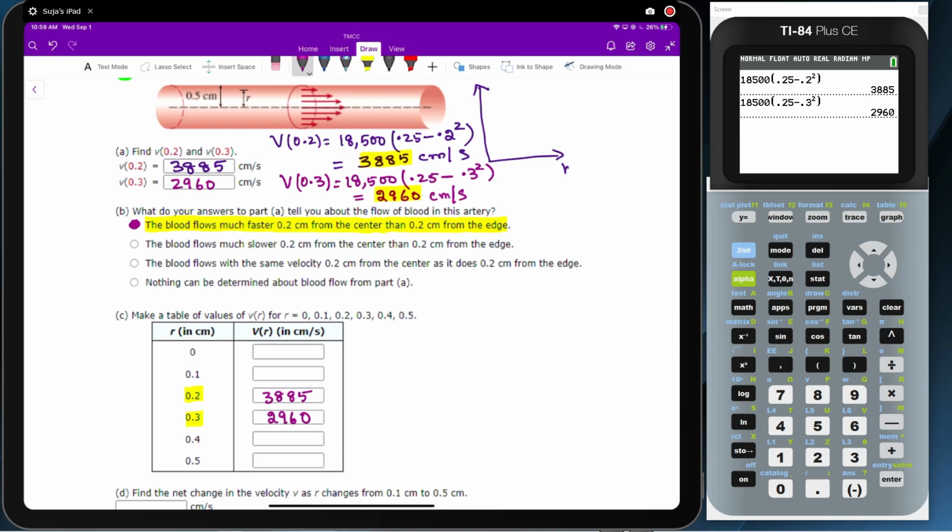Now I need to find when it's 0, 0.1, 0.4, and 0.5. So I'm going to use my calculator. Again, going back, highlighting it. When it is 0, I need to replace this 0.3 with 0 and make sure I delete the decimal point. So it's 4,625.